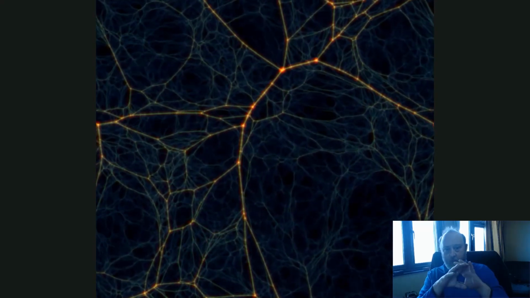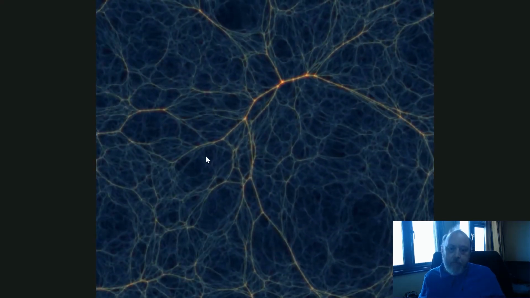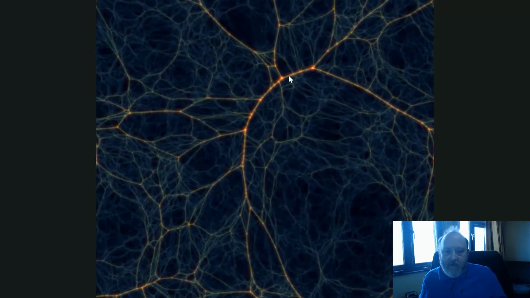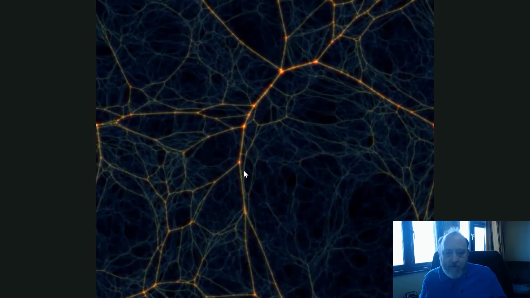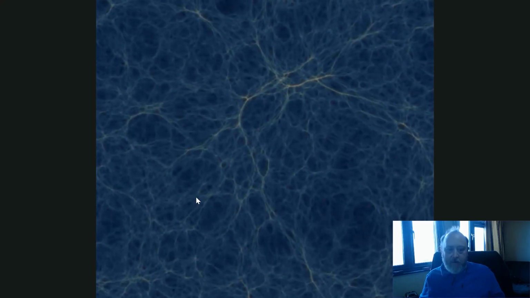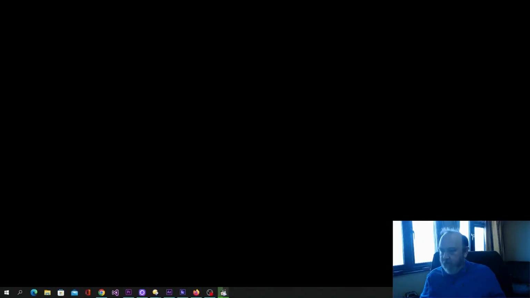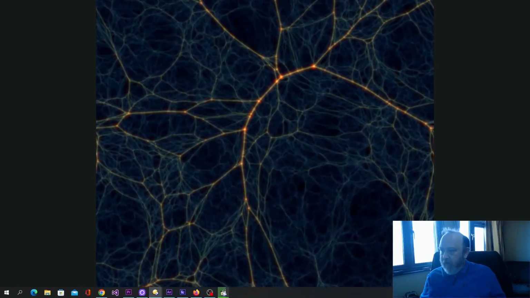Or you might have multiple bubbles in the volume of one bubble, and so that's a general explanation of how these filaments are formed. Galaxies are pushed onto the filaments as voids form.